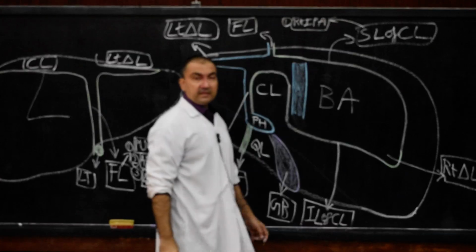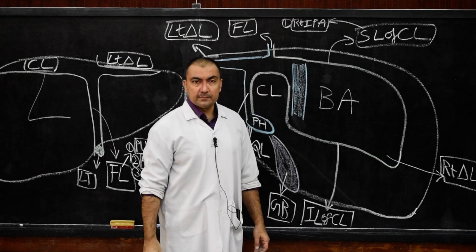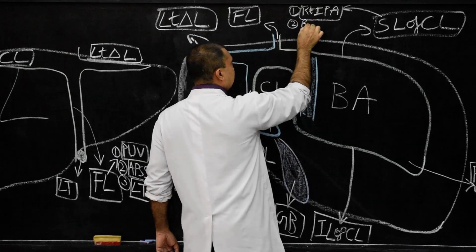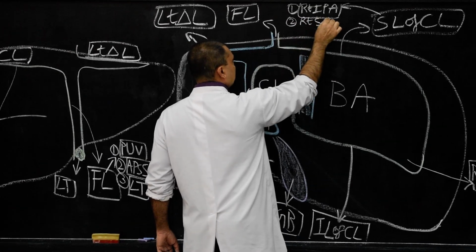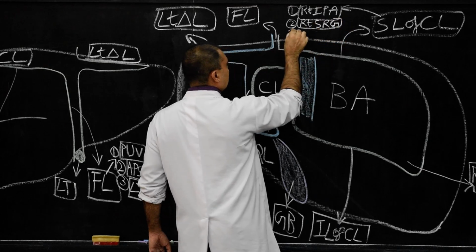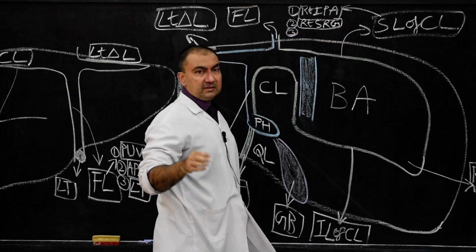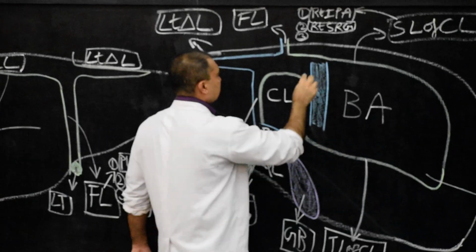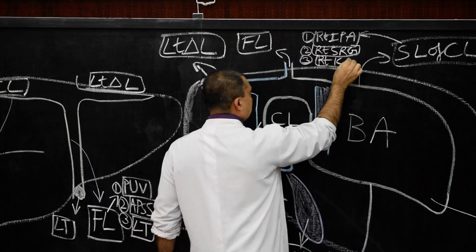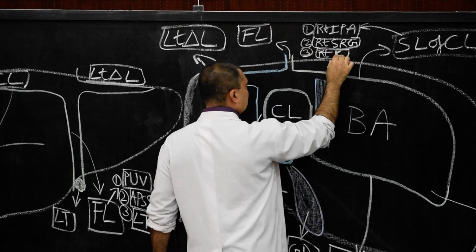Please note down the right inferior phrenic artery, content number 1. Content number 2, the right suprarenal gland. And content number 3 will be the right kidney, the upper pole of the right kidney. So these are the 3 contents.